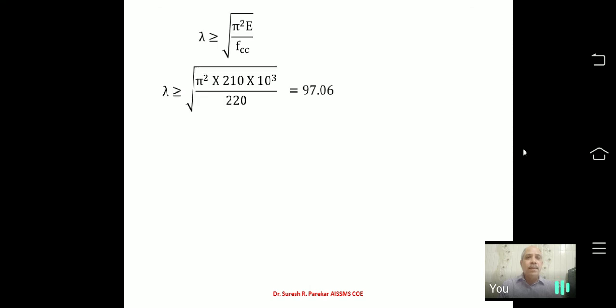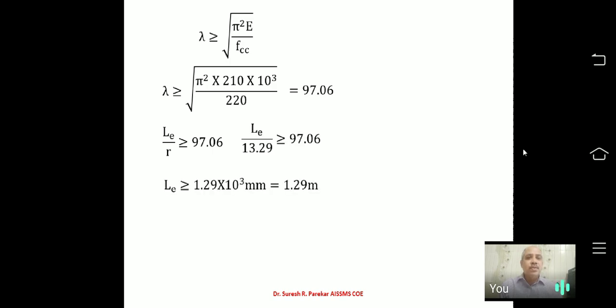And here we have lambda greater than or equal to pi square E upon FCC, that we have seen as limitations of Euler's formula. And if we put lambda greater than or equal to 97.06, now LE by R, so LE should be greater than or equal to 97.06 times R. If LE is greater than 1.29 into 10 raised to 3 millimeters, that is 1.29 meters, then we can use Euler's formula.